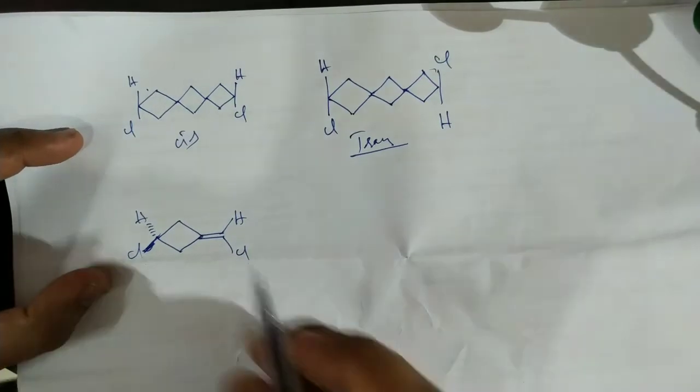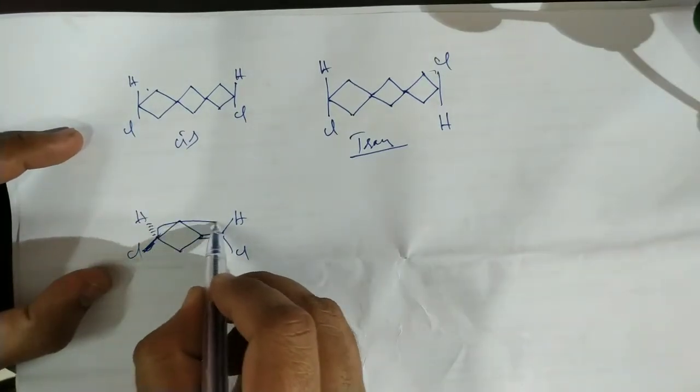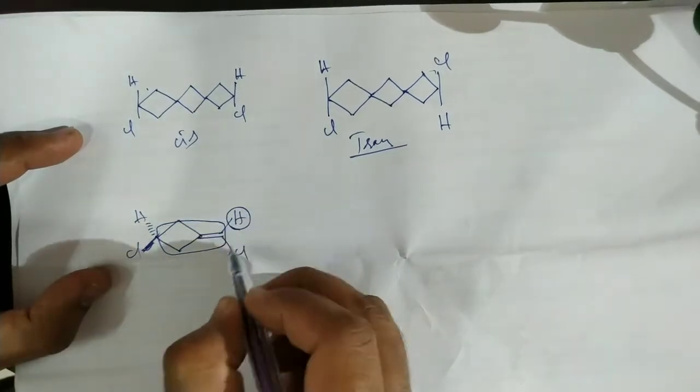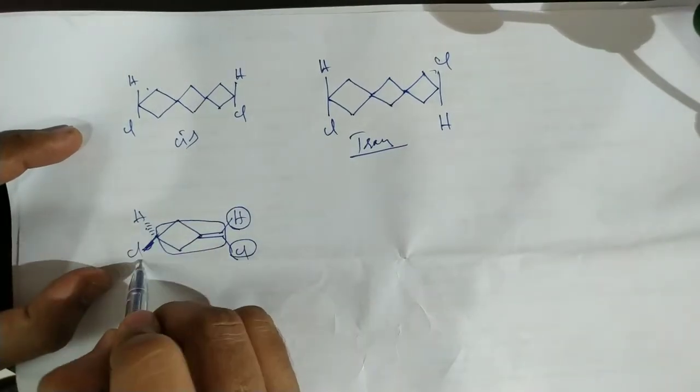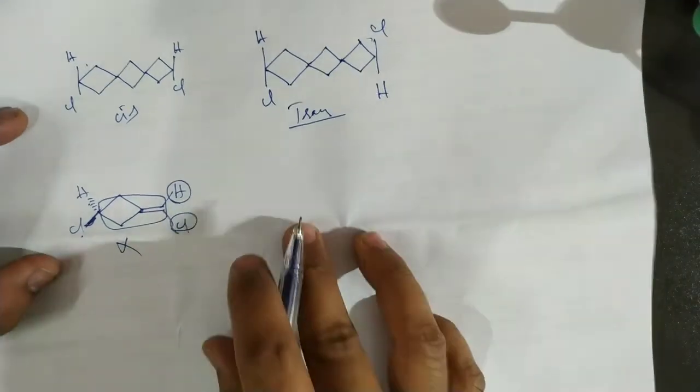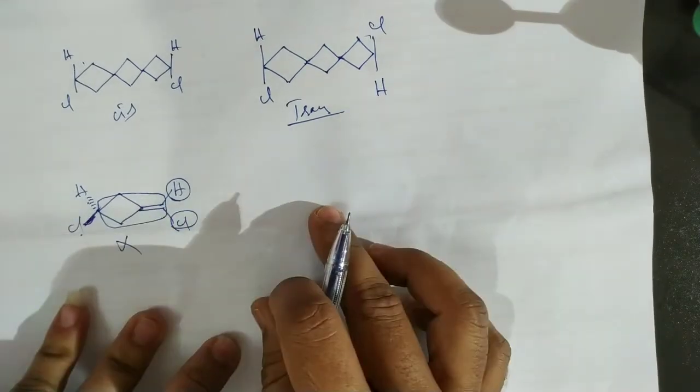The cyclic ring carbon atoms and this C double bond C are in the same plane, and this hydrogen is also in the same plane, but one is below the plane, one above the plane. This is also not suitable to exhibit geometrical isomerism because all these hydrogen and chlorine atoms are not in the same plane.